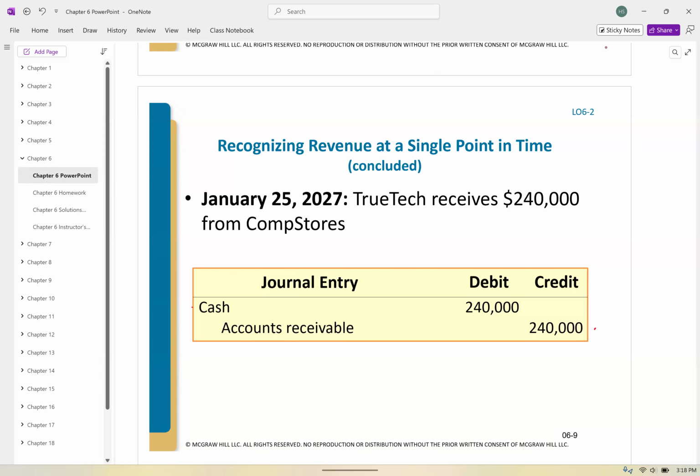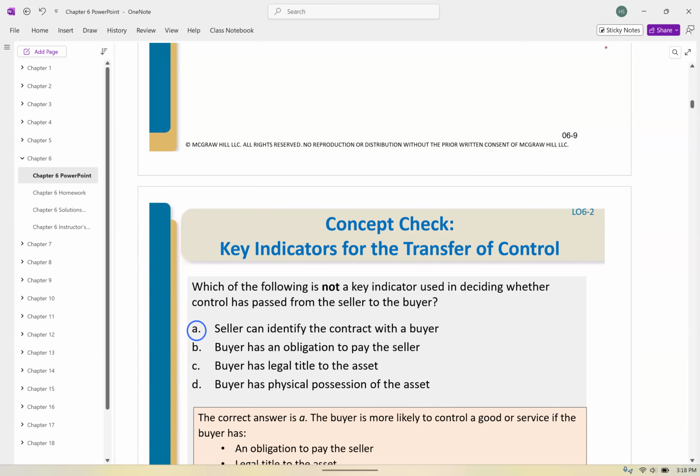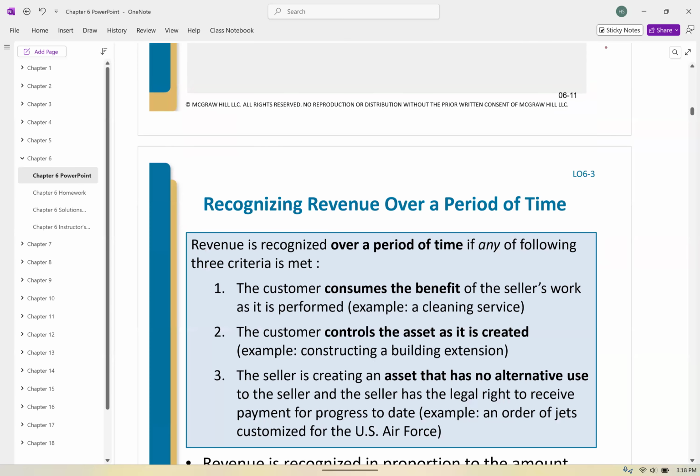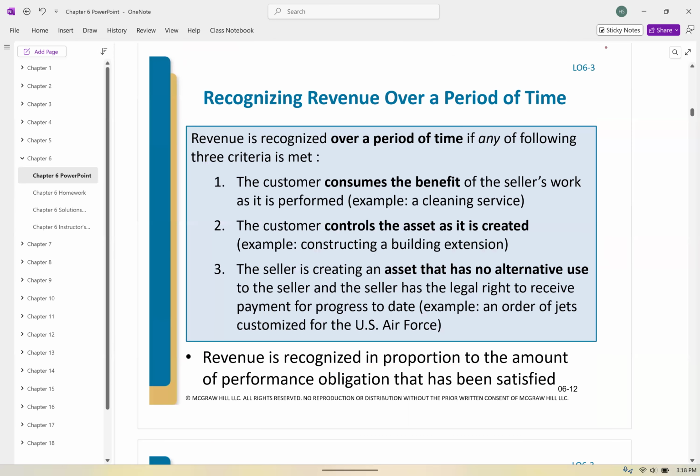Okay. All right. So let's jump past these concept checks. Okay. So recognizing revenue over a period of time. So the customer consumes the benefit of the seller's work as it is performed. So it could be a cleaning service. Okay. The customer controls the asset as it is created, constructing a building, something like that.